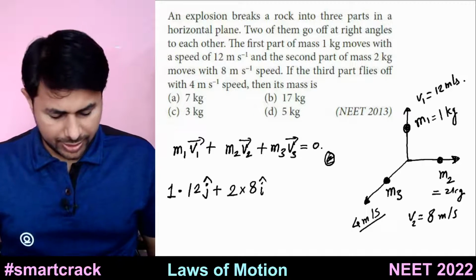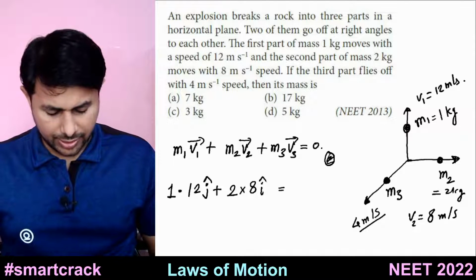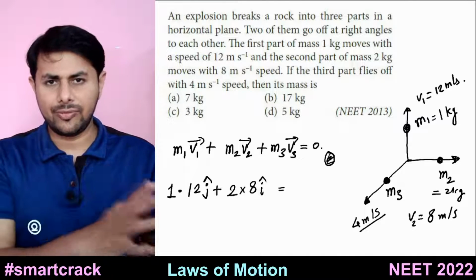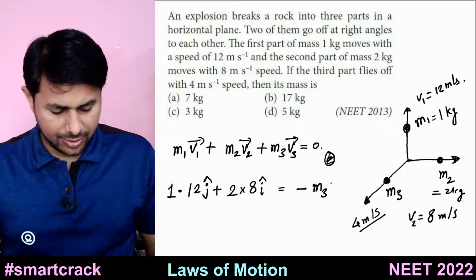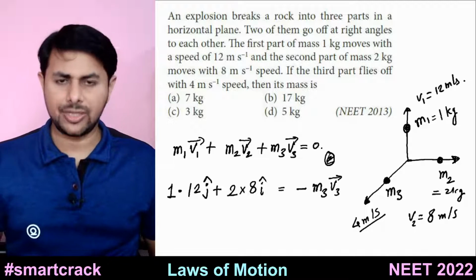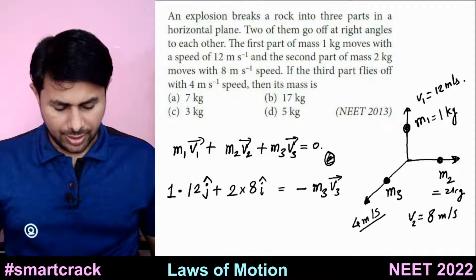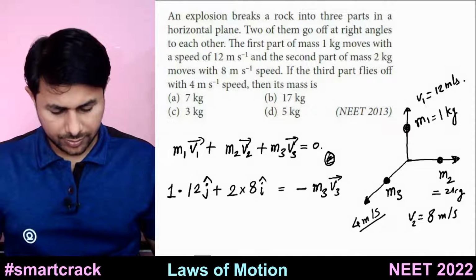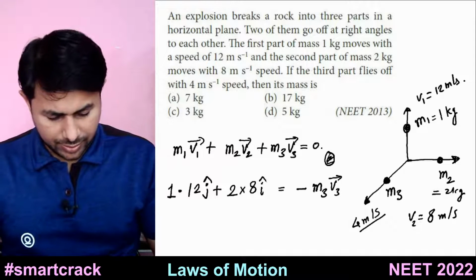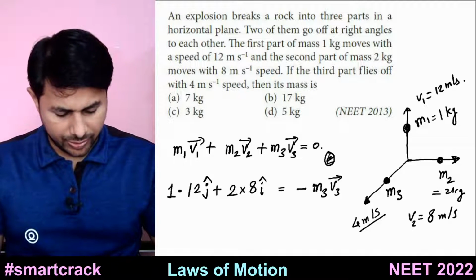So we don't know its mass. So we can take m3 v3 on the other side. So this should be equal to minus m3 into v3 bar. Now we have the magnitude of v3.